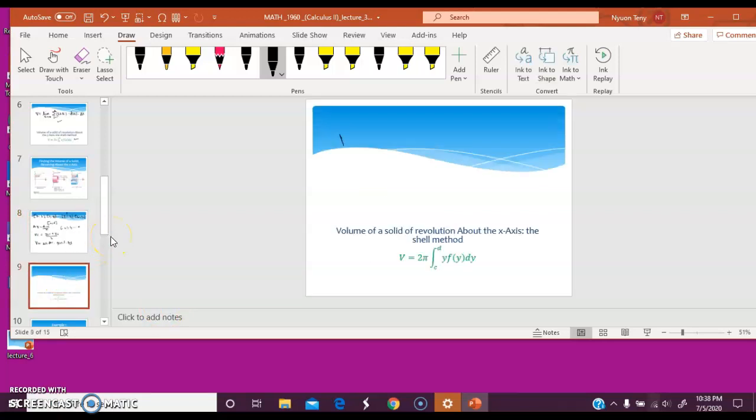To find the overall volume, V is approximately equal to the summation from i equals 1 all the way to n of 2 pi v sub i times g of v sub i times delta y. When we take the limit, we get this integral. So the limit should give you the exact volume.